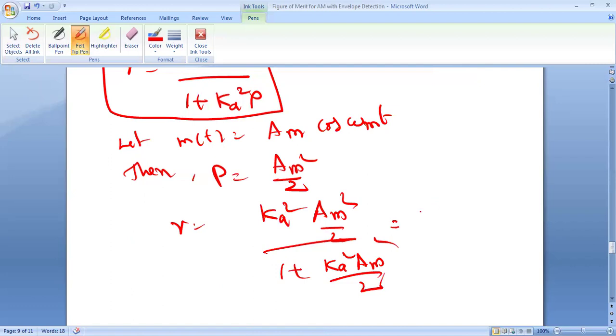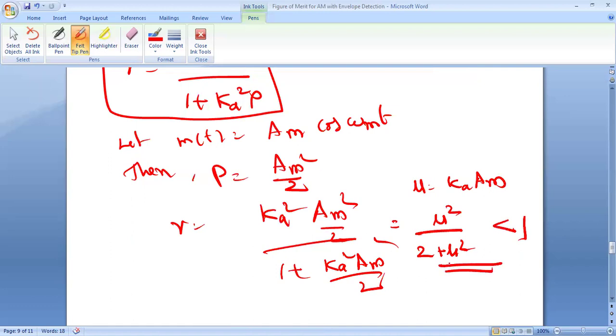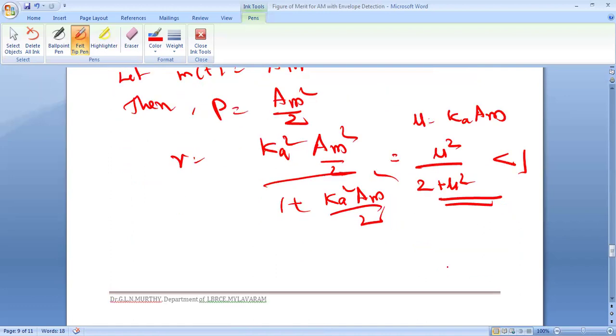What will this be equivalent to? We know from the fundamentals of amplitude modulation, mu equals Ka into Am. So if you simplify, this will be equal to mu square by 2 plus mu square, which is always less than 1, because the maximum value of mu is 1.